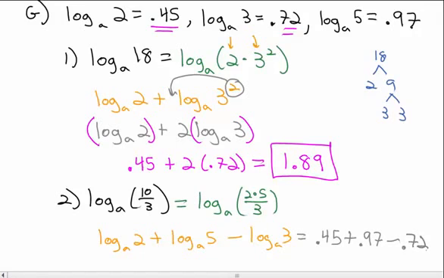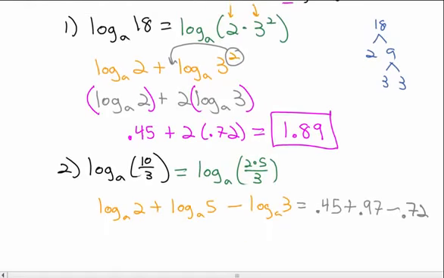And so 0.45 plus 0.97 minus 0.72 is 0.7. So off my screen, it equals 0.7. We now have our solution. The log of 10/3 is 0.7.